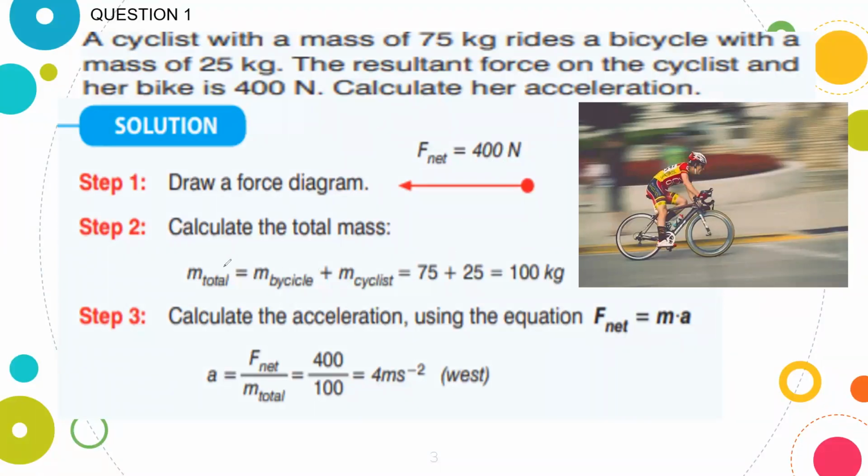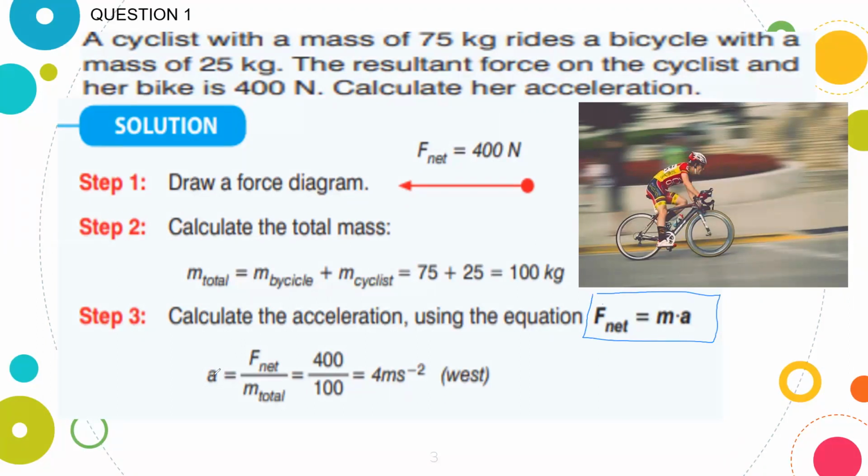And then we need the total mass, because everything is moving together, so we have to calculate all the mass. 75 and 25, the total mass is 100 kg. What we know about Newton's second law: F net equals mass times acceleration. So we can calculate the acceleration from this formula.